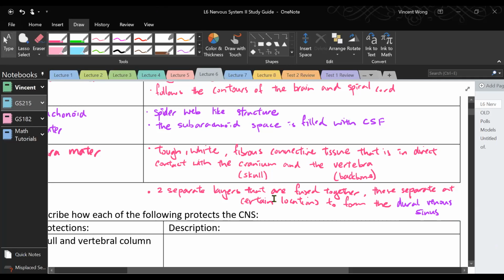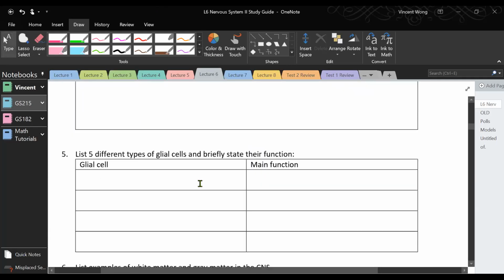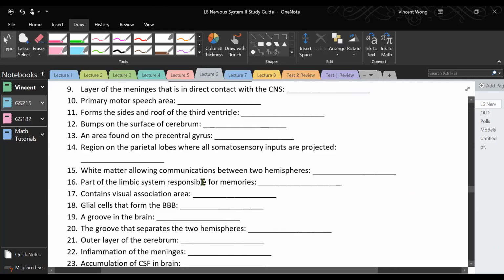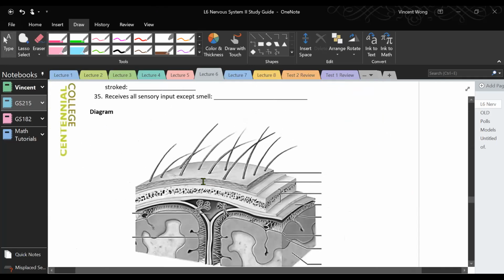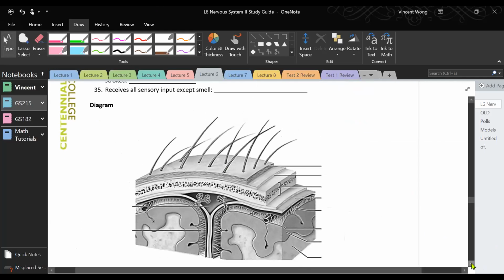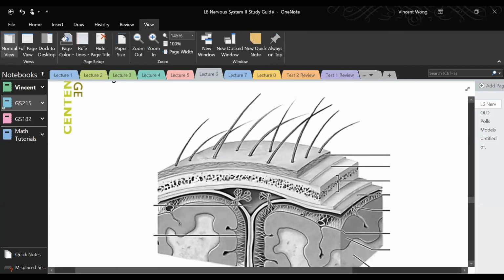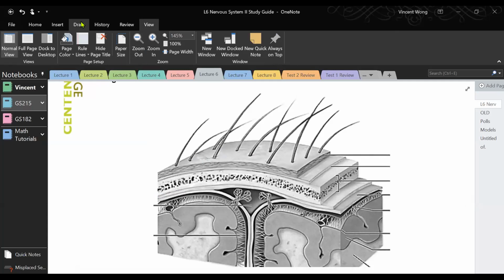But let me just quickly show you in case you're not sure what I'm talking about. If we go all the way down, there's going to be a diagram with the meninges and the brain and all that. This is labeled in the lecture recording, so you can go watch that yourself. But just very quickly, you can see here, this is the dura mater right here. You can see the two layers, one layer here, and then there's a second layer beneath it.